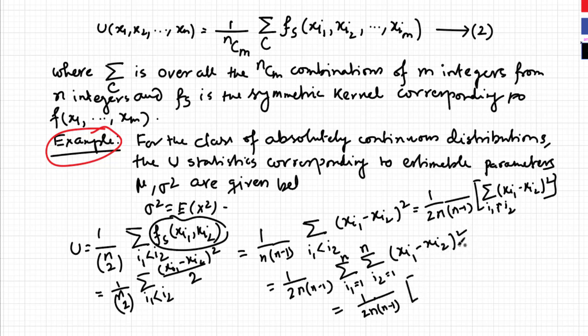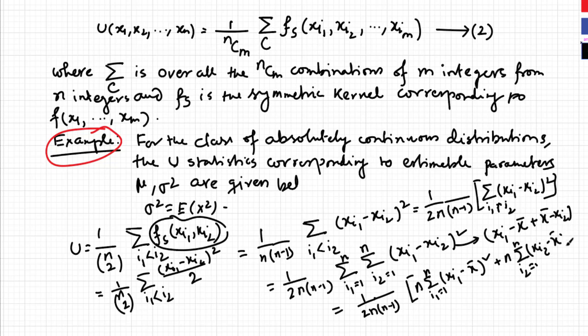And we write it like that, this portion: if you write this portion as x_i1 minus x bar plus x bar minus x_i2, then this is equal to n into sum over i1 equal to 1 to small n, (x_i1 minus x bar) whole square, plus n into sum over i2 equal to 1 to n, (x_i2 minus x bar) whole square.